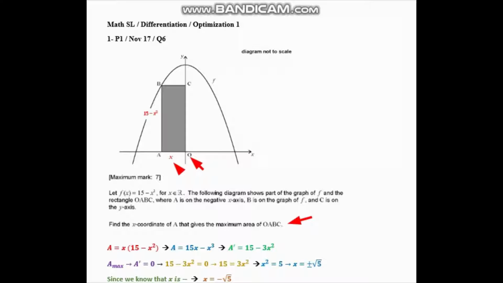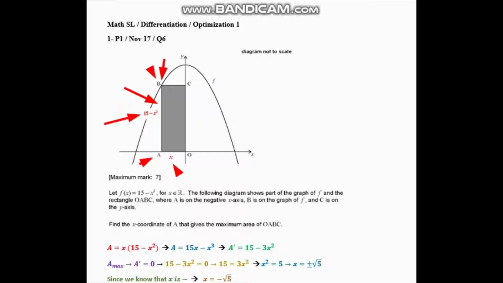So, the hardest part in this problem is just to visualize the curve and understand that the width of the rectangle is given by x, and the length of the rectangle is given by the distance from point A to point B, which shall always be the y value at B, which is given by 15 minus x squared.